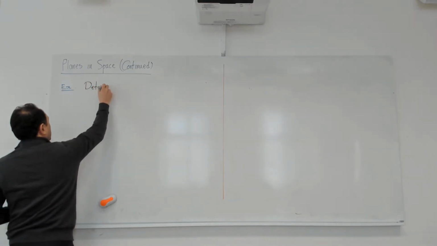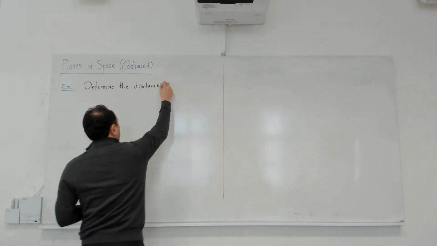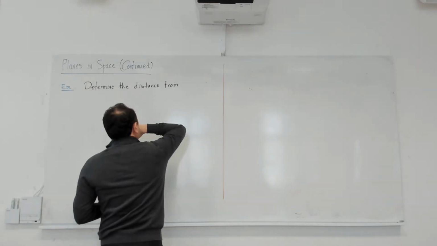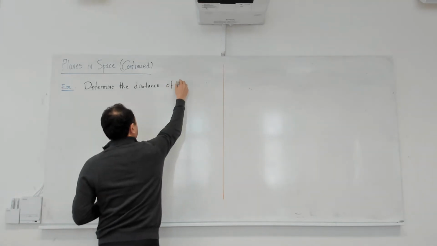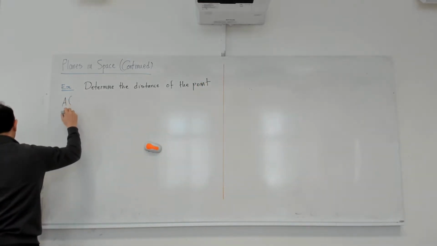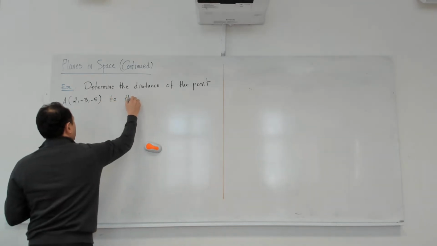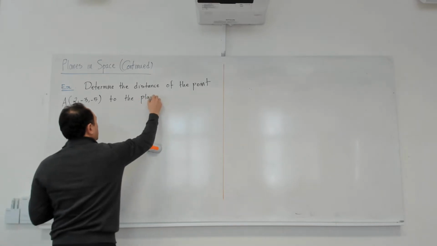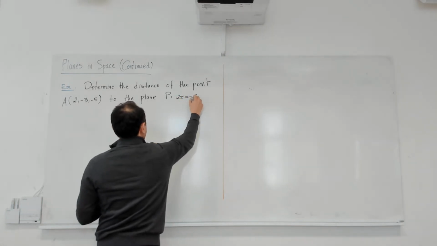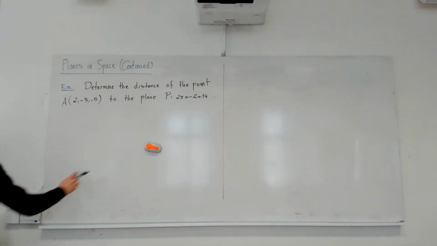Determine the distance of the point, for example, let me call it A with coordinates 2, -3, and -5, to the plane, let me call it capital P, and I give you its equation: 2x is equal to -z plus 14. Okay, so that's an important example.